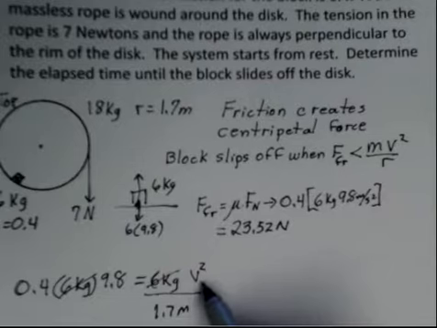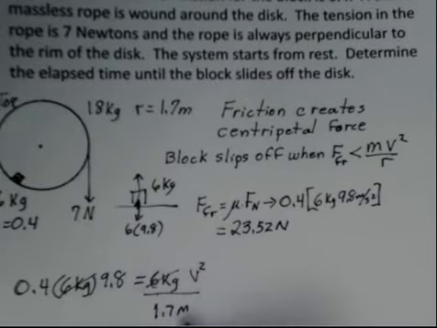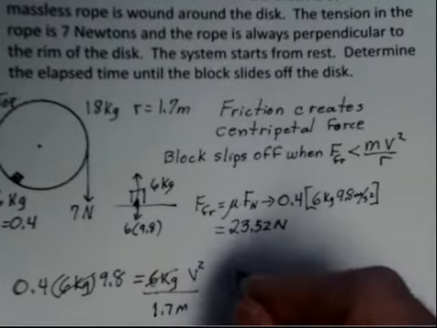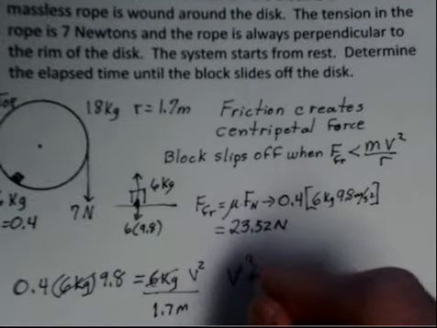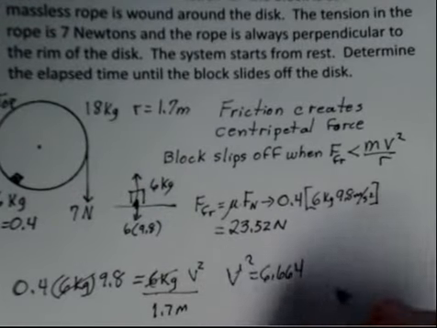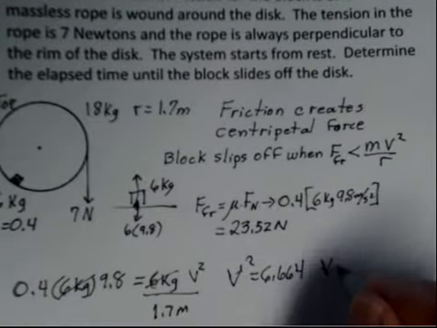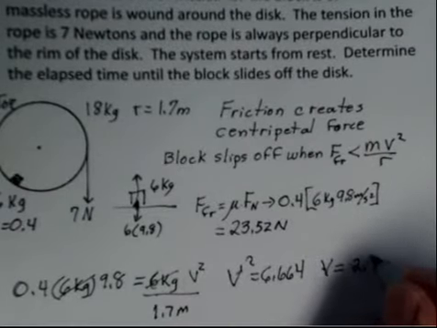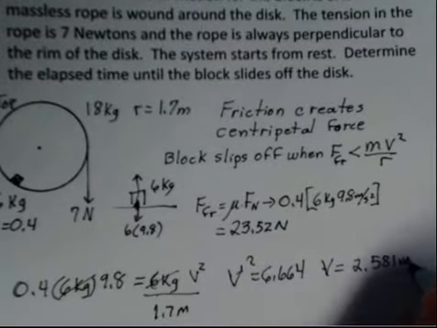To calculate v squared, I multiply these two together and also multiply by 1.7. The intermediate number, v squared, is 6.664, and taking the square root of both sides, the critical speed when the block starts to slip off is 2.581 meters per second.